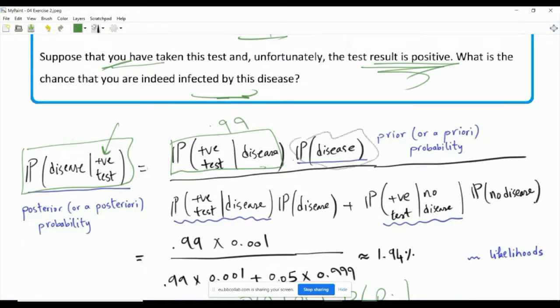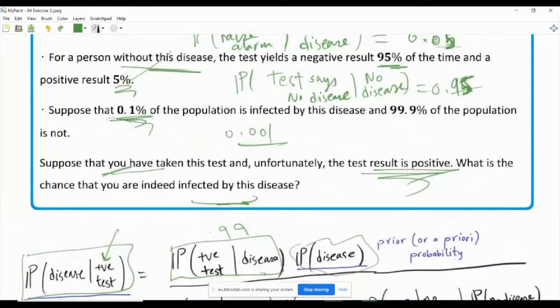Then here we have the probability of the disease. This is called the prior, or a priori, probability. This is the probability without doing any experiment or any test. Remember the statement that in the population, 0.1%, so 1 in 1,000, has the disease or the medical condition.